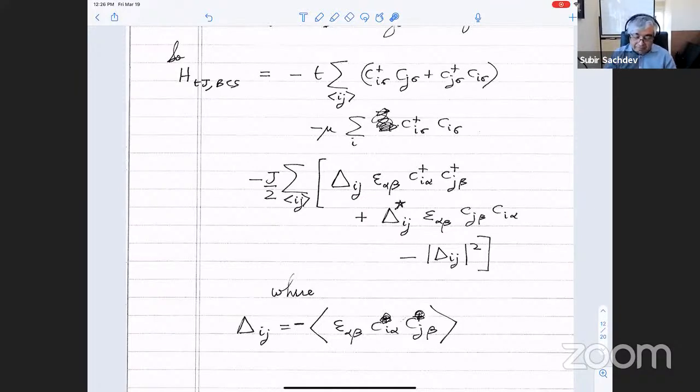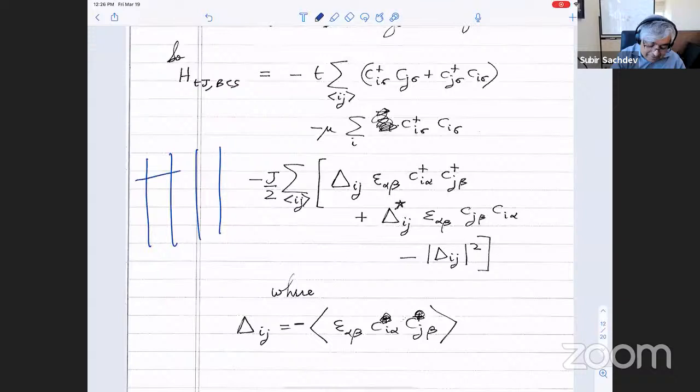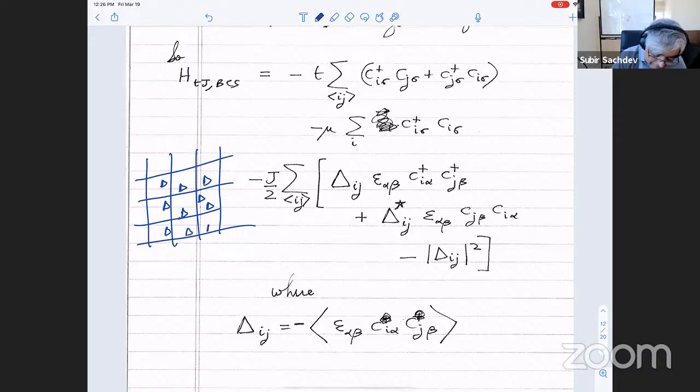Okay, so now my Cooper pair variational parameters are, for every link of the lattice, a delta ij. I have some lattice here. On every link of the lattice I'm decoupling, and on every link I have a delta, on the horizontal and vertical links. In principle, all of them are independent variational parameters.